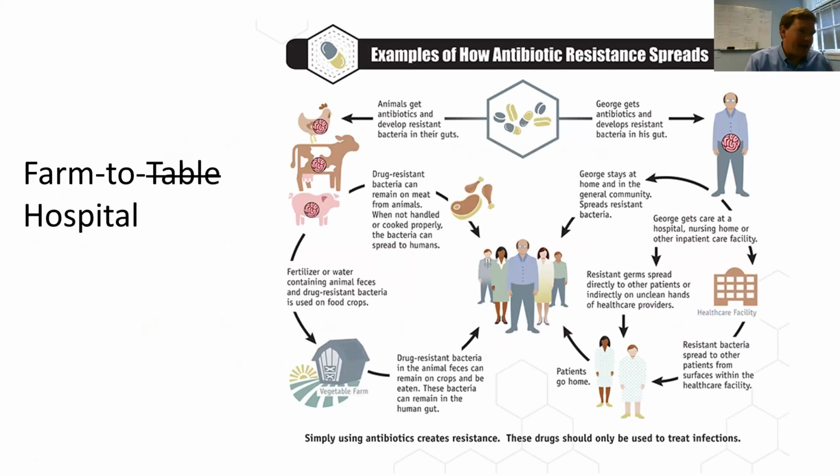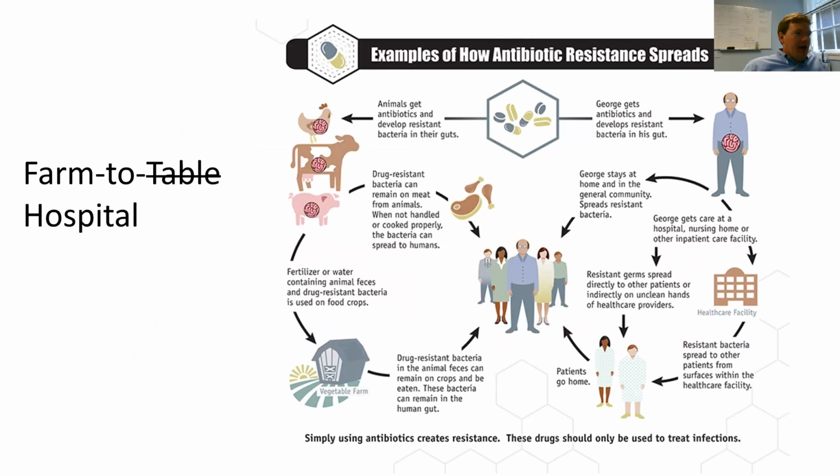A lot of this is also not just the hospital or not just humans. This figure is also from the CDC, and what they're trying to pull in on the left side is not just the human cycle of antimicrobial resistance, but also the animal cycle. Animals get antibiotics and can develop resistant bacteria.